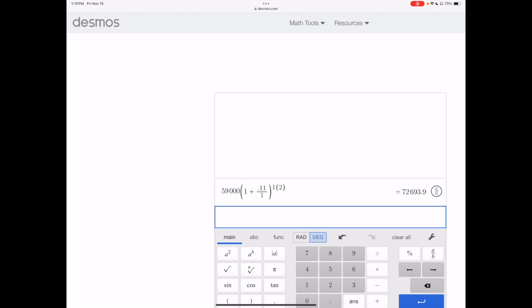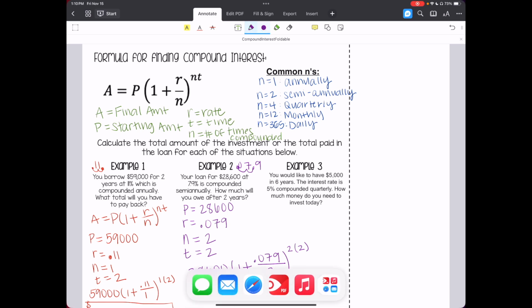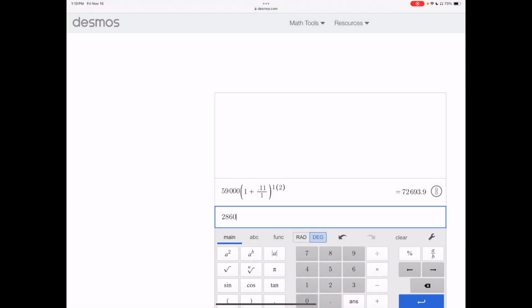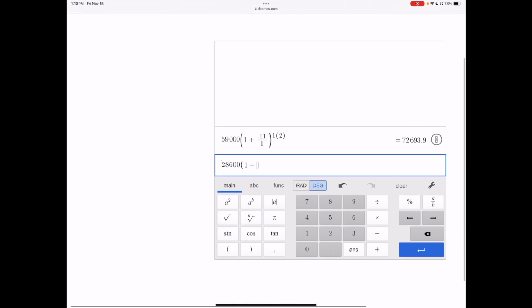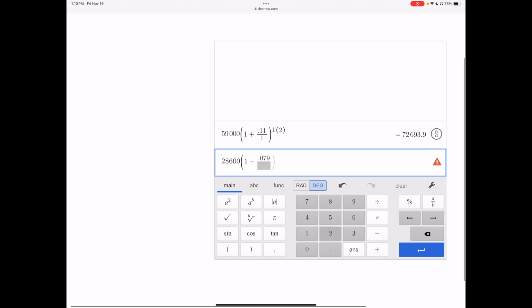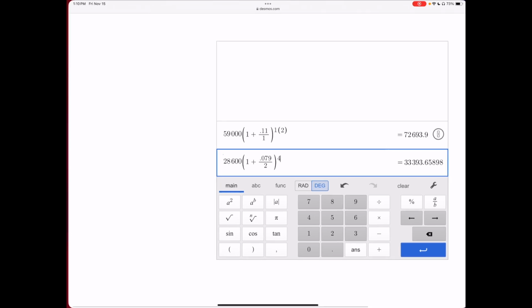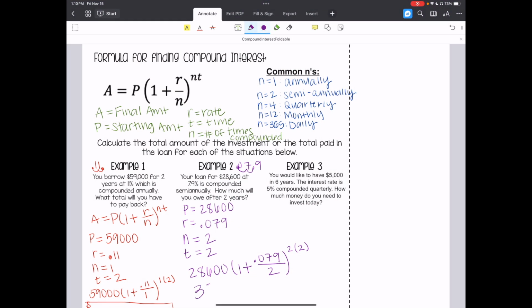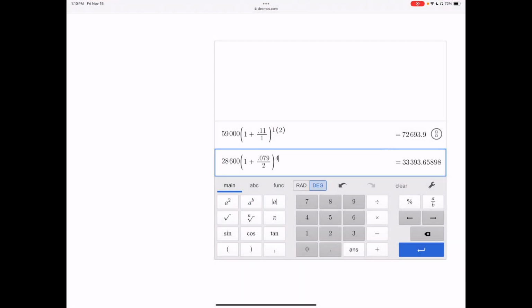So we're going to have 28,600, 1 plus 0.079 over 2 raised to the 2 times 2, which is 4. So our final answer is 33,393 and 66 cents. So we round that 5 up to a 6.